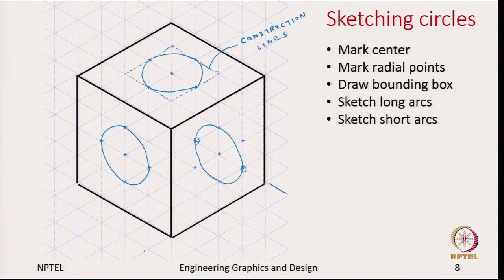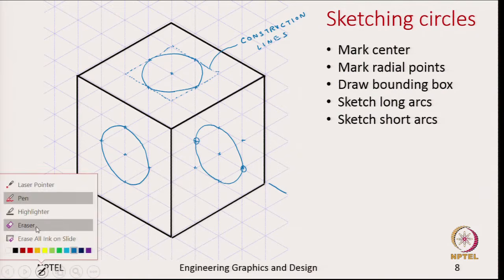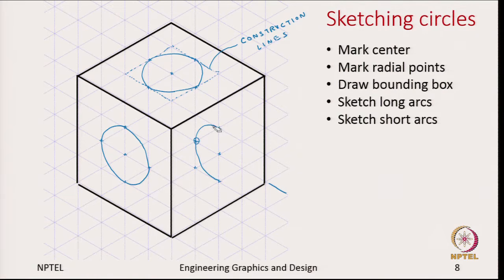So, we should avoid that. Let me erase and then draw the correct way to represent this. The correct way is, these are the radial points which we need to use, and once we have those radial points correct, it will be easy.